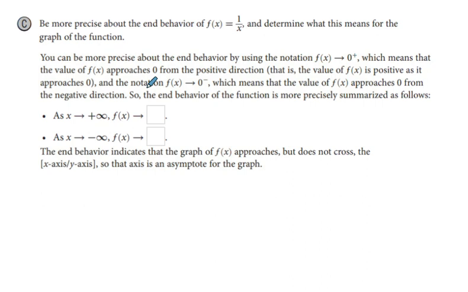We saw that as x approaches positive infinity, f of x approaches 0, and as x approaches negative infinity, f of x approaches 0. So the end behavior indicates the graph approaches but does not cross the x-axis, and so that axis is an asymptote for the graph.